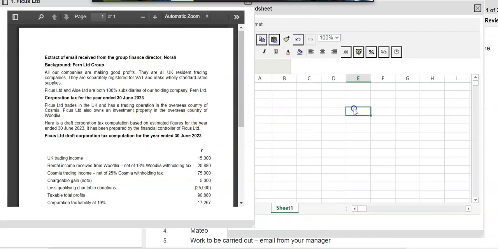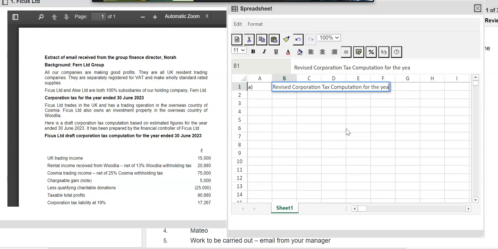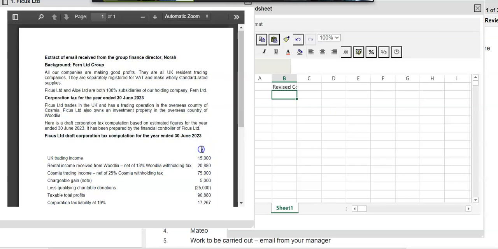So I guess now I can see both the incomes. Yes. So that's revised corporation tax computation for the year ended 30th June 2023, right? So now I have to put the pound sign, so I'll be copying it from here. Control C, double click, Control V.